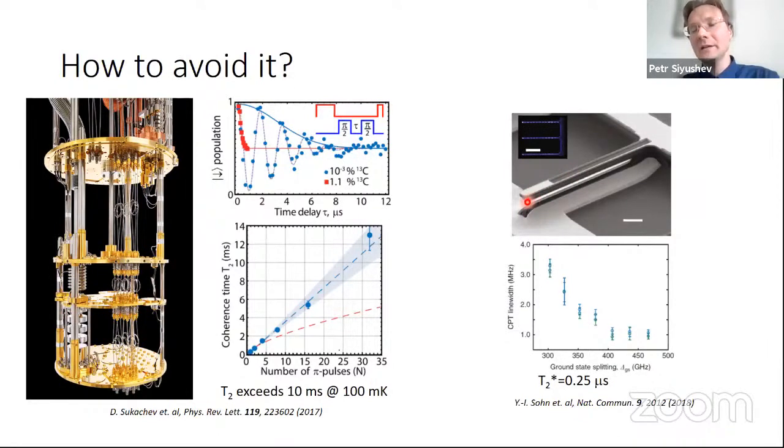And this strain effectively acts as an increase of the spin-orbit coupling. So you can engineer your spin-orbit coupling, so to say, by applying some strain, and then you can also increase the dephasing time, which they were able to increase to 250 nanoseconds.